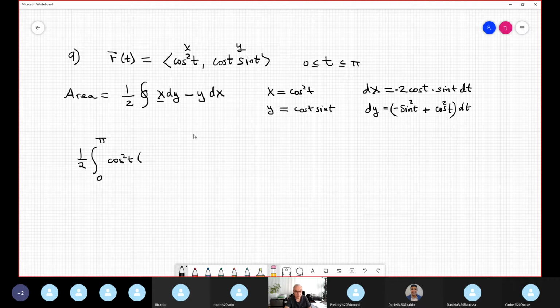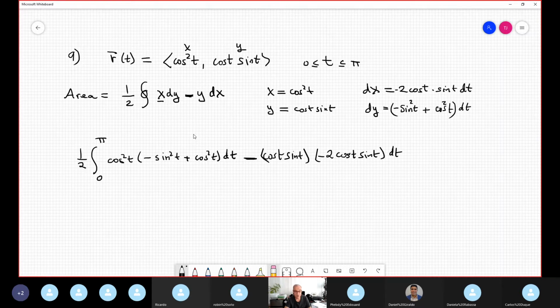Multiplication by dy, que es minus sine square t plus cosine square t dt, minus, this minus is this minus. Y is cosine t sine t multiplication by minus 2 cosine t sine t dt.